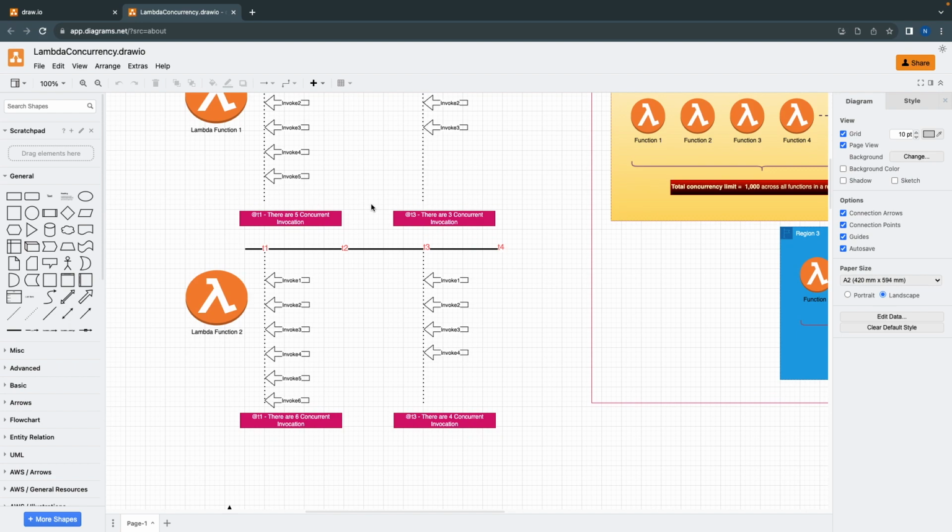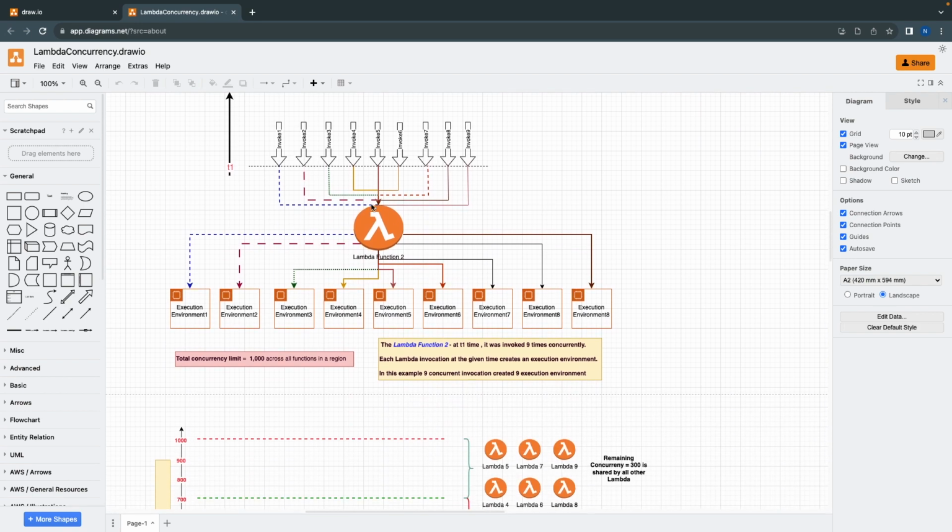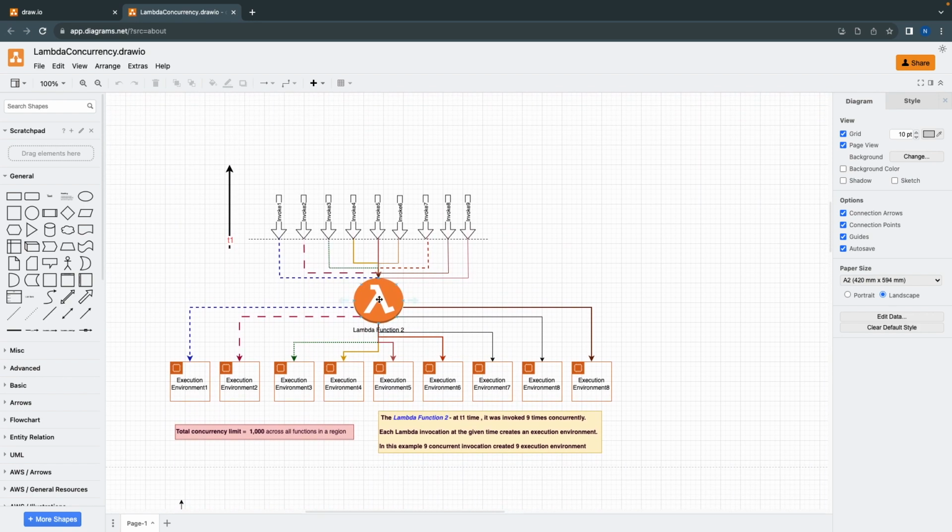When the Lambda is invoked, behind the scenes it provisions an execution environment for each invocation at a given time. For this example, at T1, a simultaneous invocation happened, and we have 9 invocations for Lambda function 2. Since it's all at the same time, Lambda tries to run this concurrently.